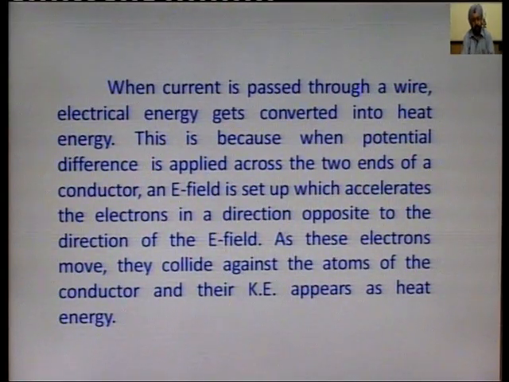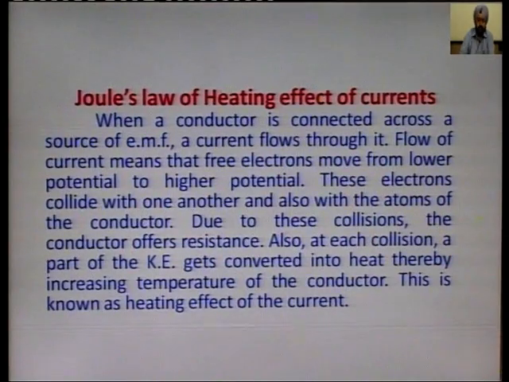So, we had seen that chemical energy got converted into electrical potential energy, which got converted into kinetic energy. So, this kinetic energy of the electrons on collision with the fixed atoms appears as heat energy.